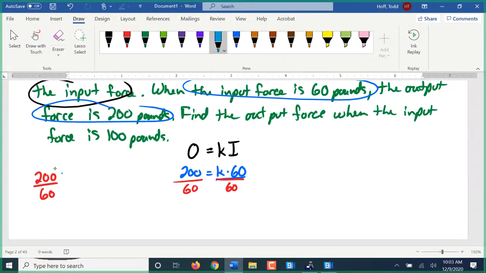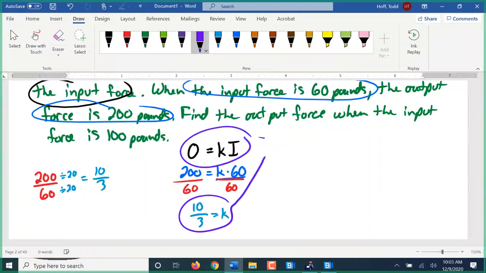So both divide by 20. Let's see what that does. 200 divided by 20 is 10. 60 divided by 20 is 3. So that's 10 thirds, or 3 1/3. I'm just going to leave it as 10 thirds equals K. So that is telling us that this relationship is our output force equals 10 thirds times the input force.